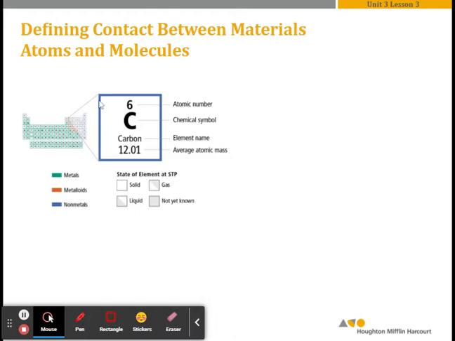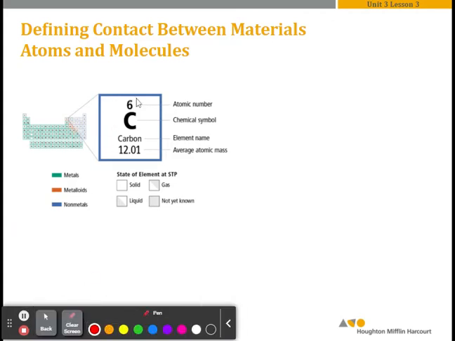A carbon is often used as an example. So in this carbon atom, if we look at any periodic table, it's going to have carbon represented by the chemical symbol C. It's going to have the atomic number of 6. The atomic number actually tells us the number of protons.